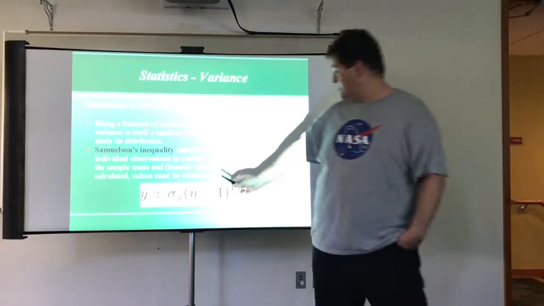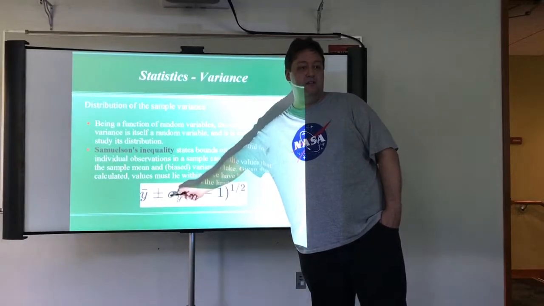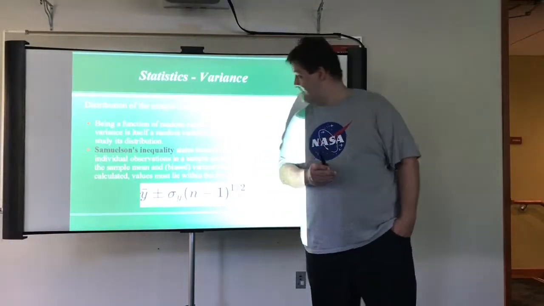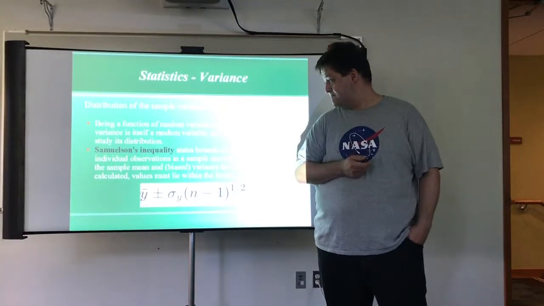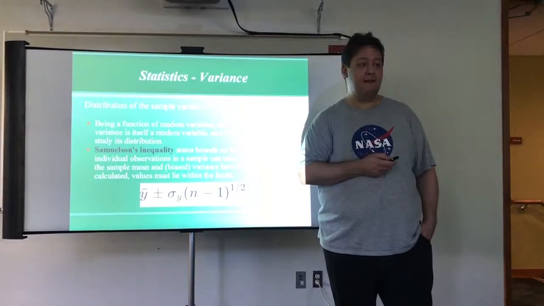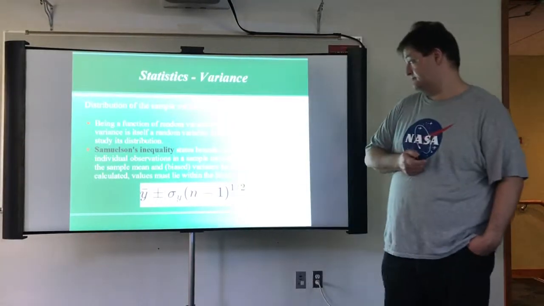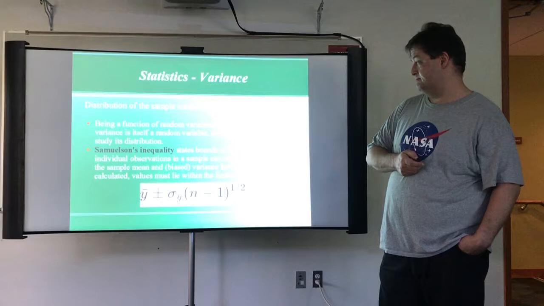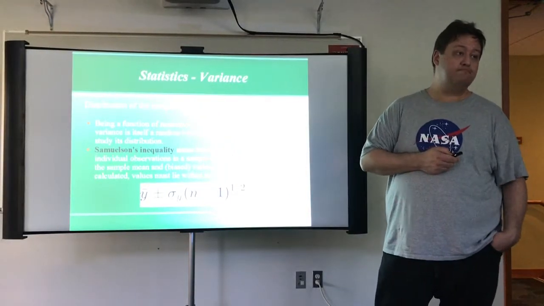So this doesn't necessarily increase. Samuelson's inequality states bounds on the values that an individual observation in a sample can take, given that the sample mean and variance have been captured. So if you have a sample mean and the variance, the individual points are going to be at maximum sigma times a square root.